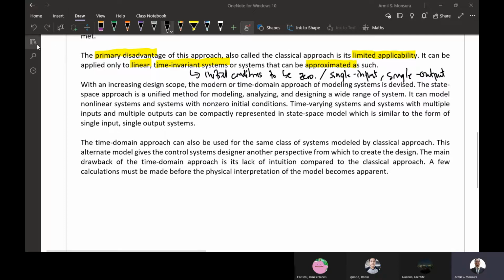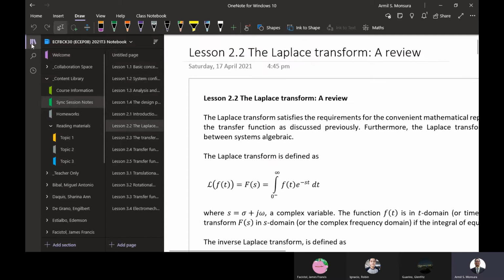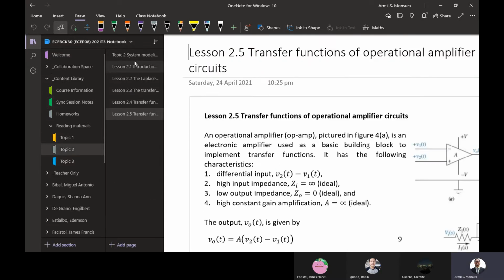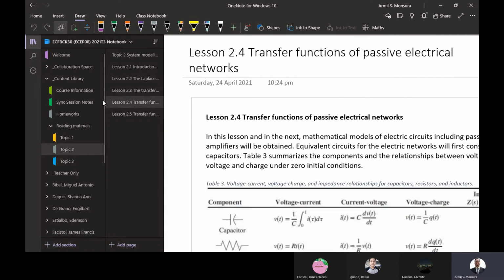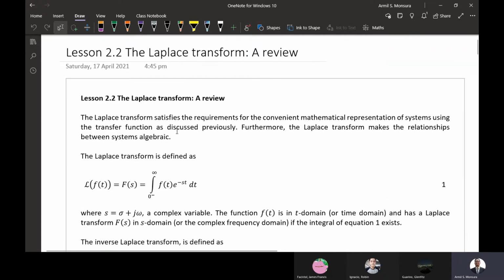Okay. So, proceeding, let's review. Okay, so let's have some review of the Laplace transform. Kasi critical ang Laplace transform in terms of the discussion of transfer function.